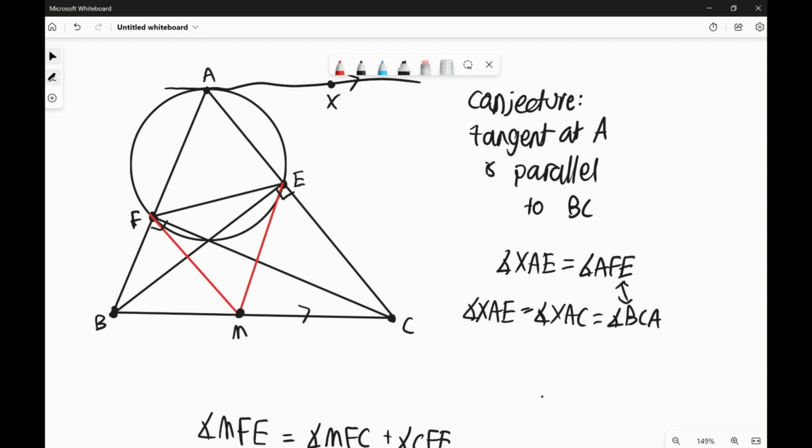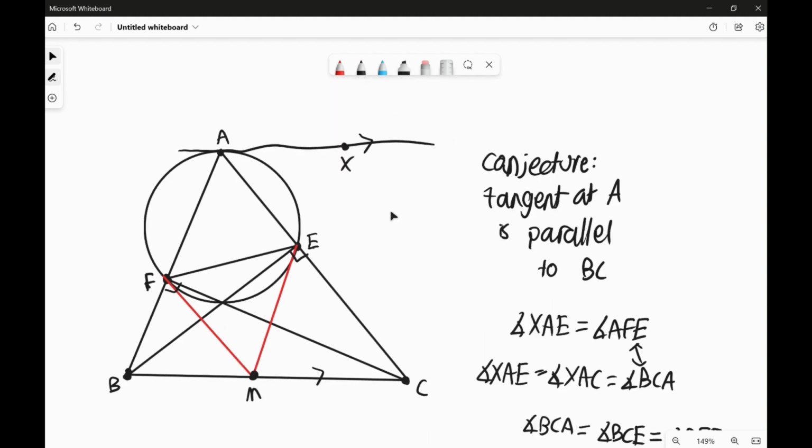So directed angle BCA is equal to directed angle BCE, which is also directed angle BFE. But since A also lies on line BF, it is also directed angle AFE. So we're done.